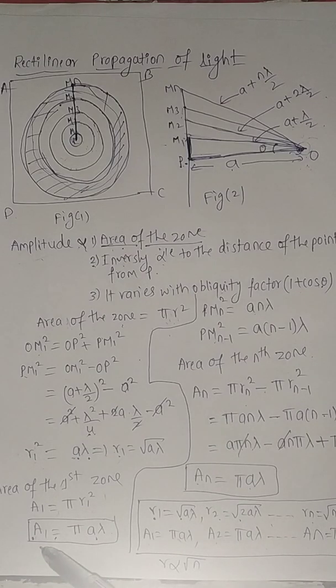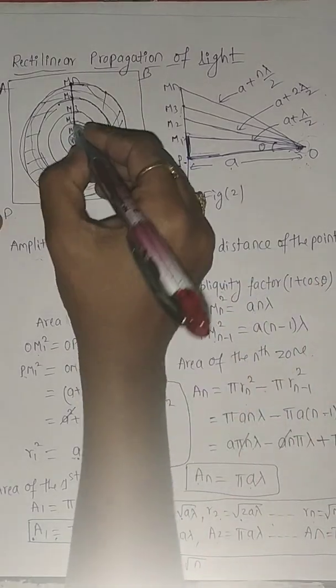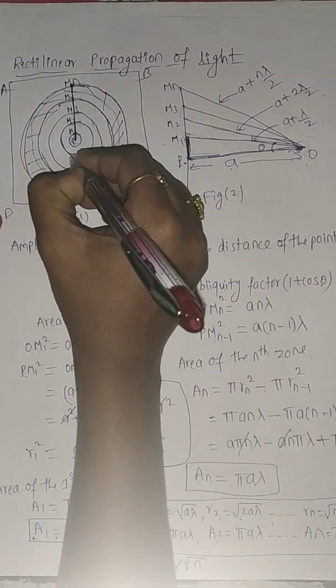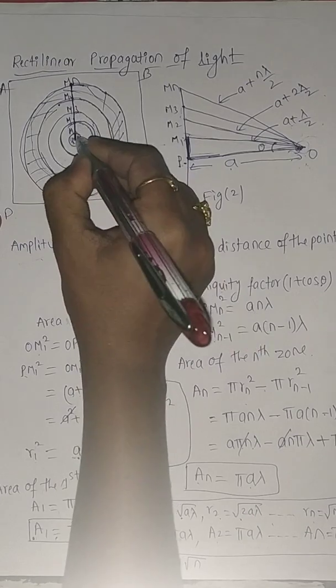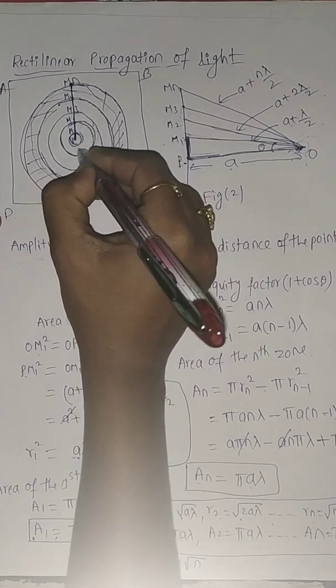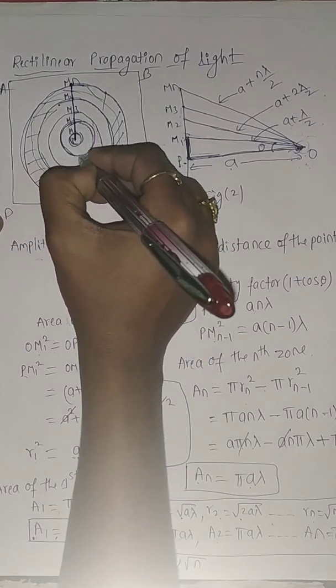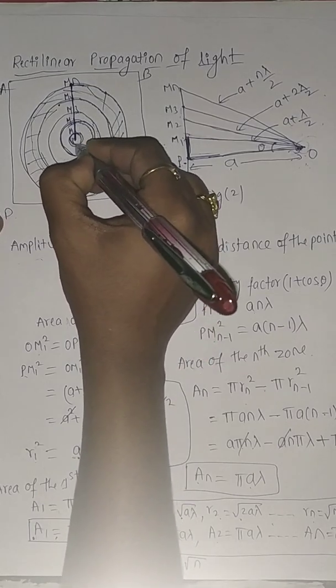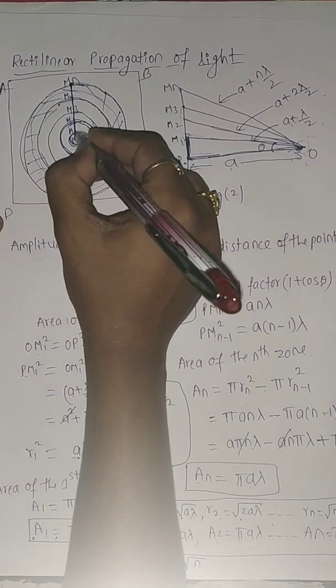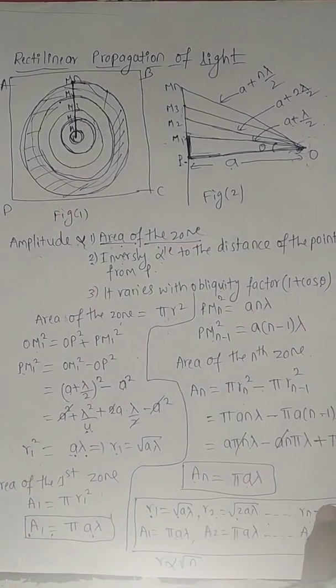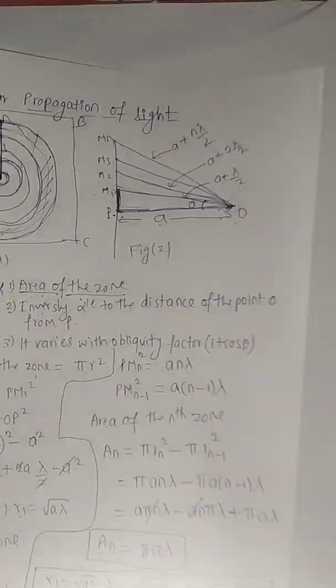And in the same manner, A2 also you can calculate. So remember, while calculating A2, what we should take? See, A2 means area of the second zone. Which is the area of the second zone? Yeah, this part is the area of the second zone. So how to calculate that one? Whole area minus this area you should make. Then in between that area you can calculate. See, like this.